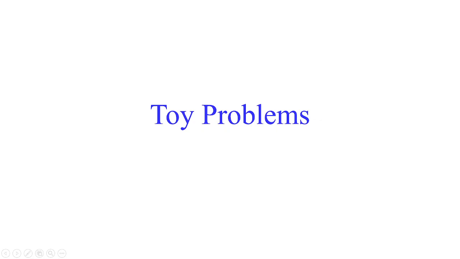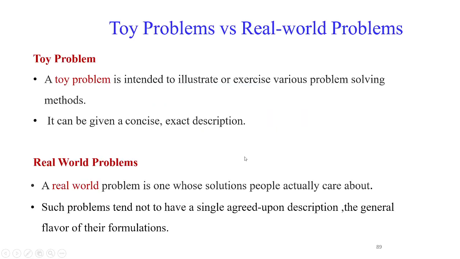Okay. Now, before discussing the exact toy problem, we will understand what a toy problem is. A toy problem is a carefully designed, simplified problem. Its purpose is to illustrate a concept or exercise different problem solving methods.